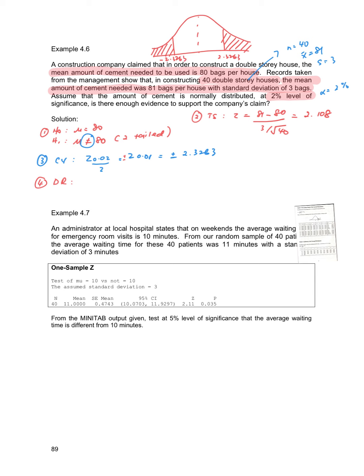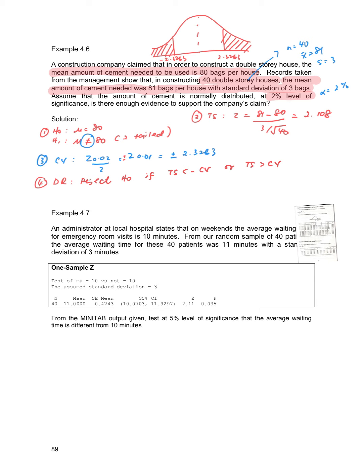So our decision rule is we will reject H0 if test statistic less than negative 2.3263 or test statistic greater than 2.3263. So ada dua lah sebab dia two-tailed test. Reject H0 if test statistic less than negative CV or test statistic greater than critical value.